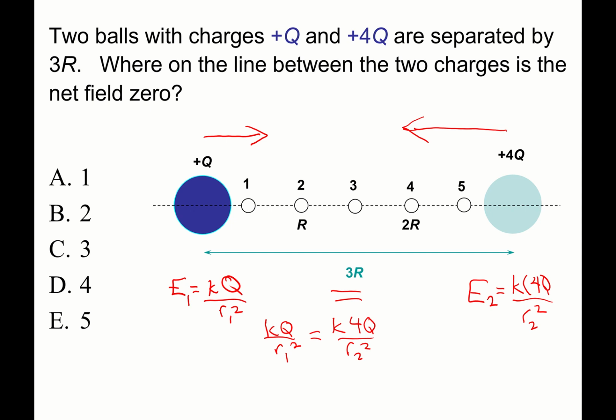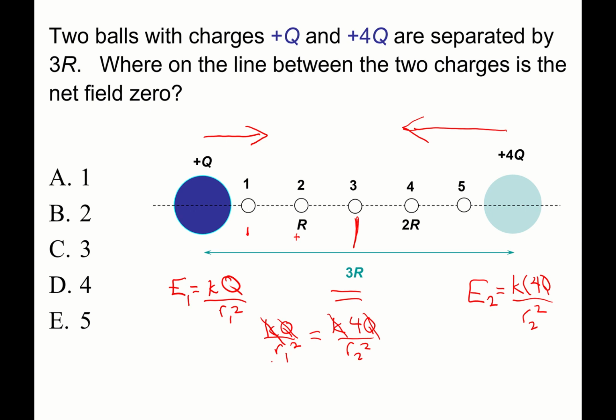So if the two charges were equal, then the fields would be equal at position 3, but I've got to move closer to the charge 1, the plus Q, in order to get them equal to each other. And I can do a calculation if I want. So let me see, I can cancel out things that are equal on each side.